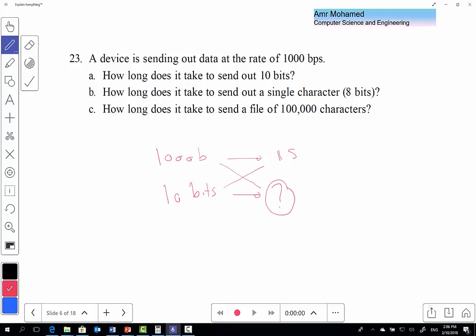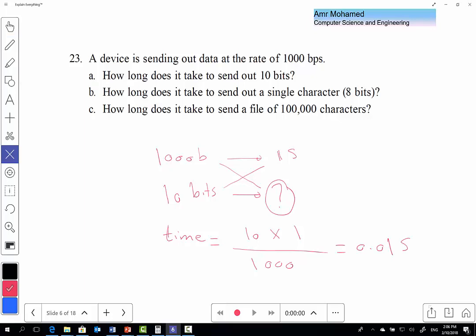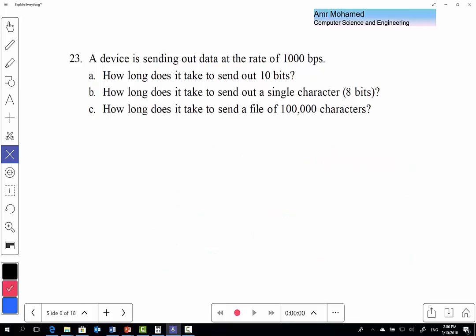So the time equals 10 bits times 1 second divided by 1000 bits. So that's 0.01 second. Okay. So the next one, how long does it take to send out a single character of 8 bits?